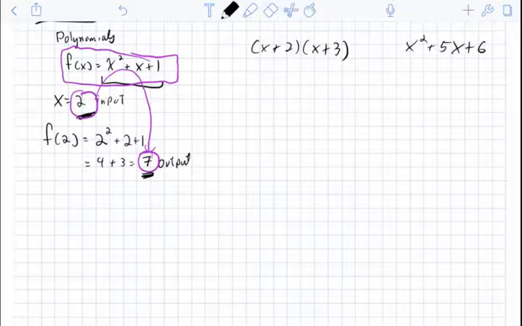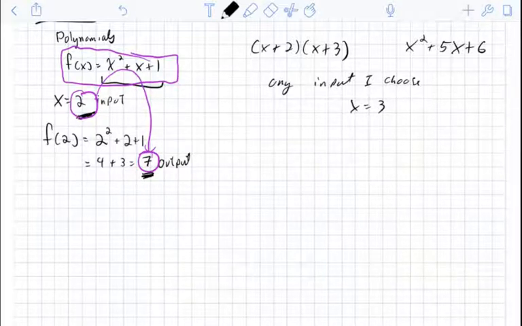Well, for this particular pair, any input I choose, so if you choose x is equal to 3, you get on this side 3 plus 2 times 3 plus 3, so that's 5 times 6, so that's 30.